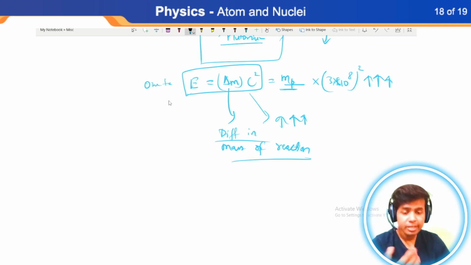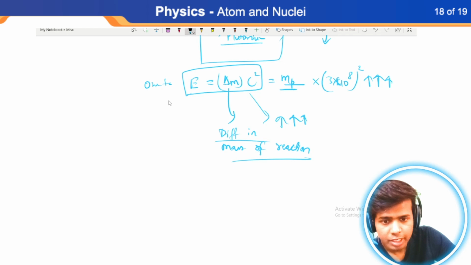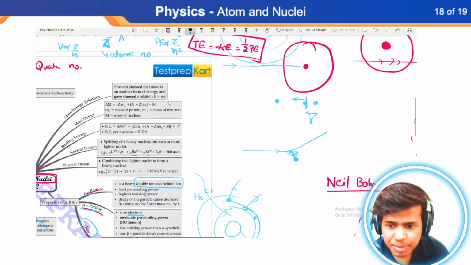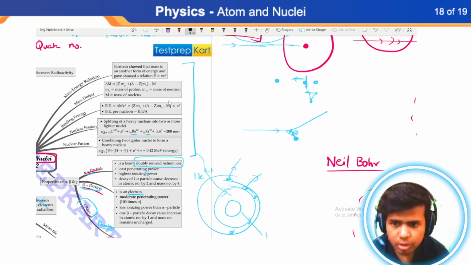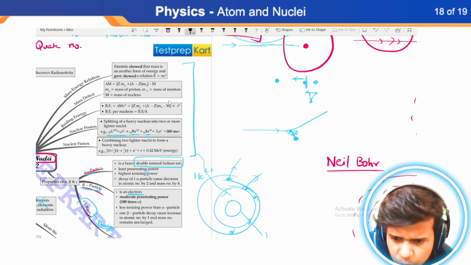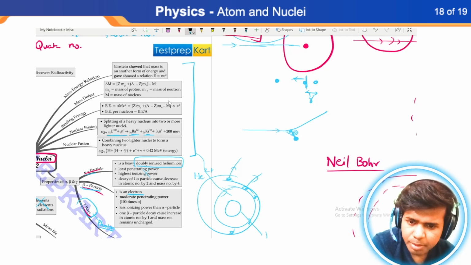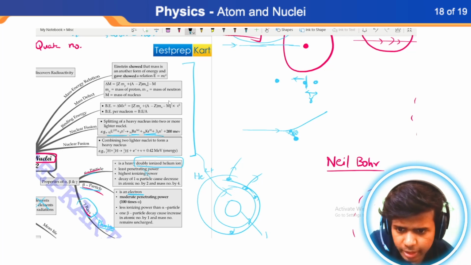If it is leading to some loss of mass, then it will essentially be a nuclear reaction. This is basically the summary of all these. You do not have to worry about them. You do not have to remember that uranium goes into barium and krypton, or I don't exactly remember the lanthanide series, but still it is not relevant.